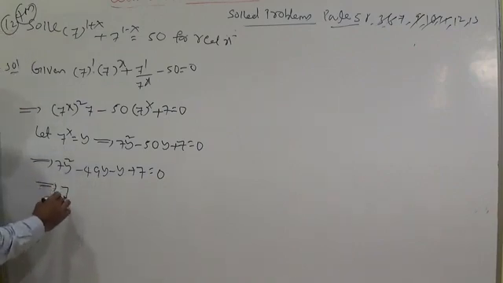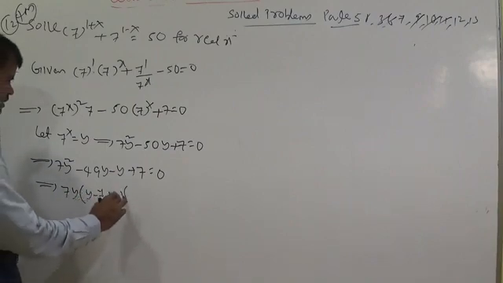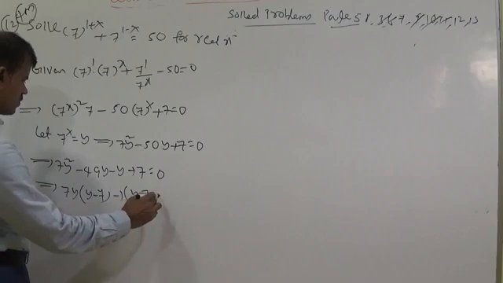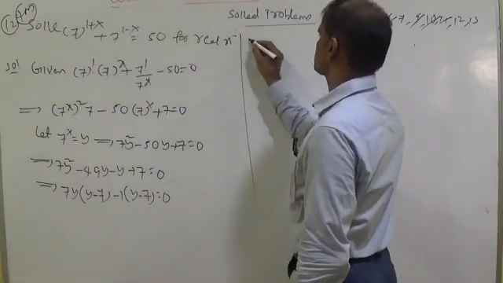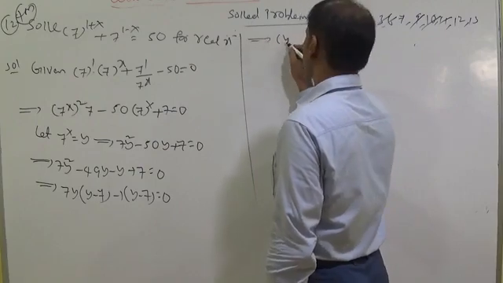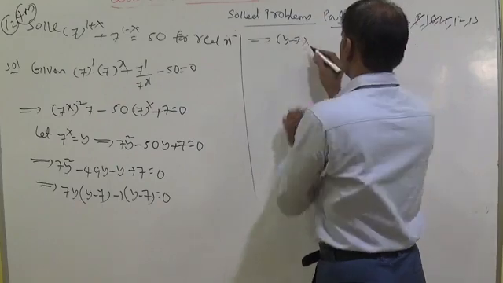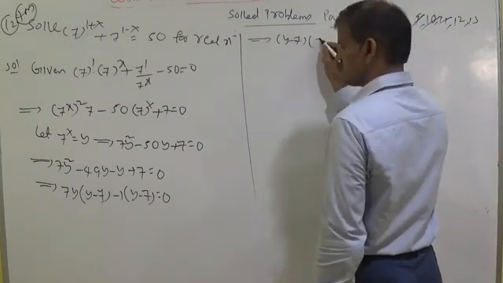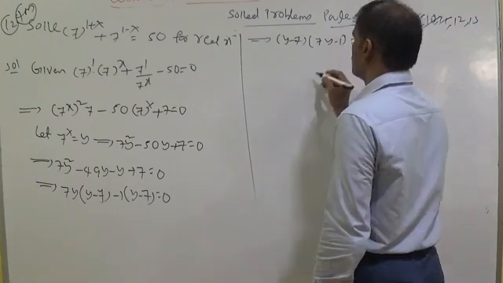That implies you can take common as 7y. Now you can write this one as y minus 7, and minus 1 you take common, it becomes y minus 7 equal to 0. That implies again you can write y minus 7 into 7y minus 1 equal to 0.